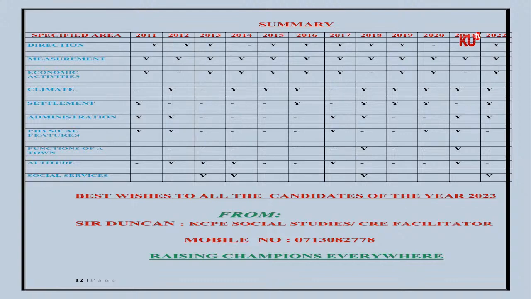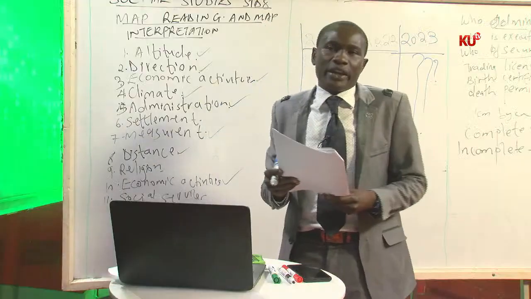Why do you think the setting of direction was not done in 2014 and 2020? And you can see it has been progressing, meaning in 2023, we don't know if it will come. But now during your revision, using that tabulation, you'll be able to know whether it can come or not. That one we are not aware.